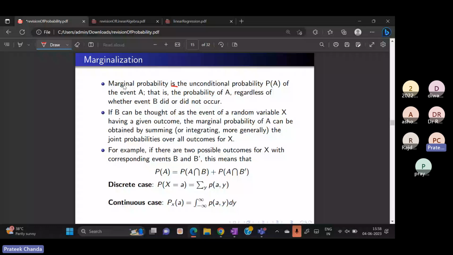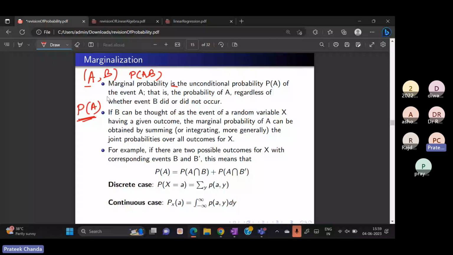Let's say I have an event A and event B, and these are the only two events in my sample space, and I want to calculate P of A only. I know things about the joint distribution, but I don't know the individual event probabilities. So how do I get this? This is my known, and this is unknown.